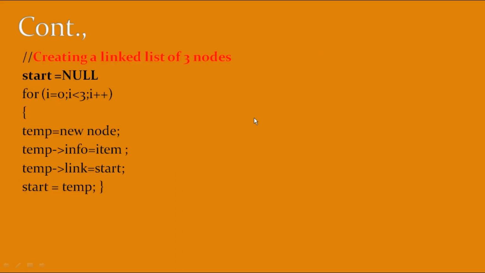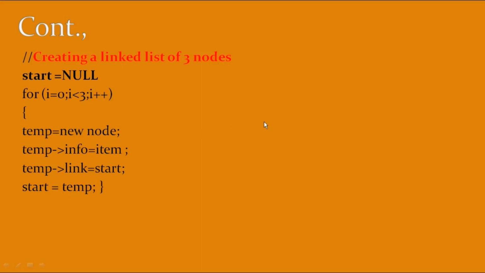Now we will see the creation of the linked list with three nodes. Initially start equals null because the linked list is empty. That means the start pointer will have a null value. If we want to create a linked list having only three nodes, we can run the loop for i equals 0 to 3, and we'll have the steps: temp equals new node.